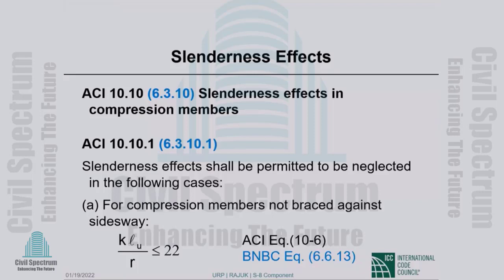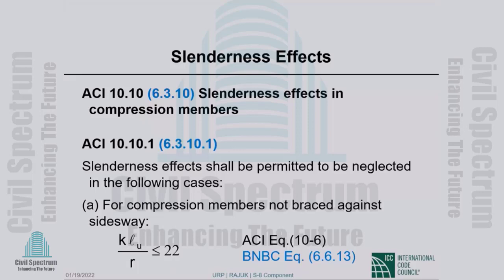There are too many provisions interlocking, too many things. So without examples, to get a hang of this is basically impossible. And I have absolutely no way of fitting in an example that would do you any good. So I would refer you to PCA's Notes on ACI 318.